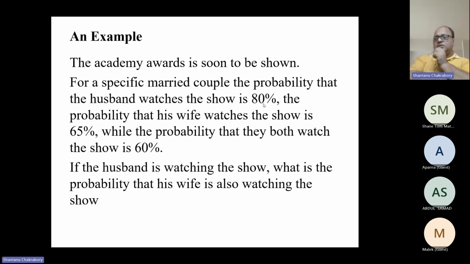The Academy Award is soon to be shown. For a specific married couple, the probability that the husband watches the show is 80%. The probability that his wife watches the show is 65%.